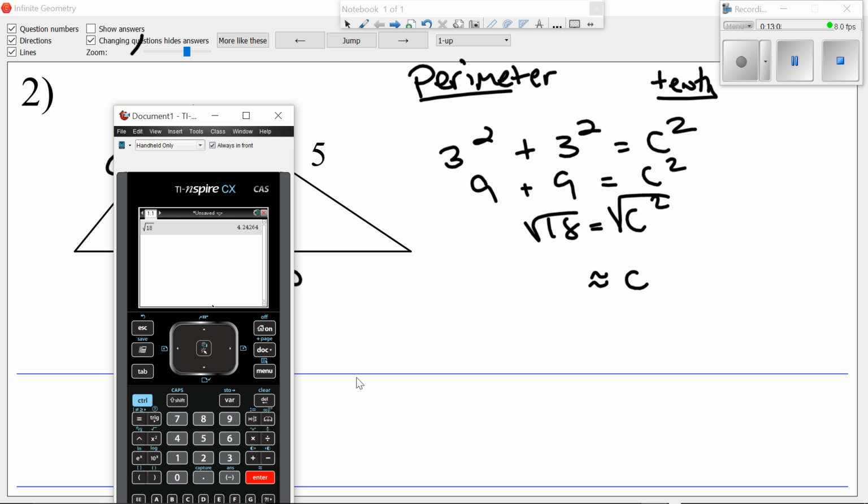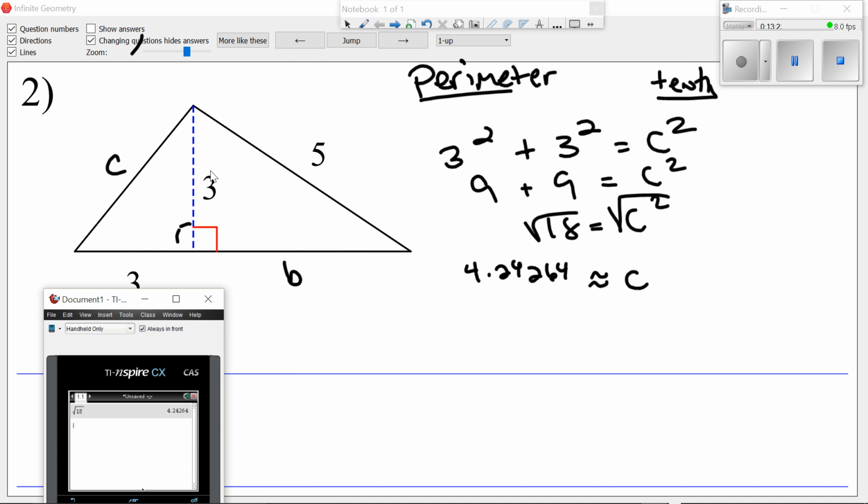So 4.24. So this is approximately equal to 4.24264. Okay, so there's that one. And I can write it in. C is approximately equal to 4.24264. Alrighty.